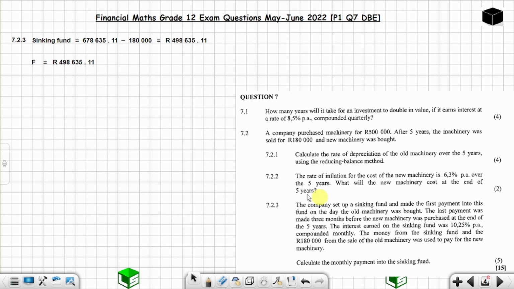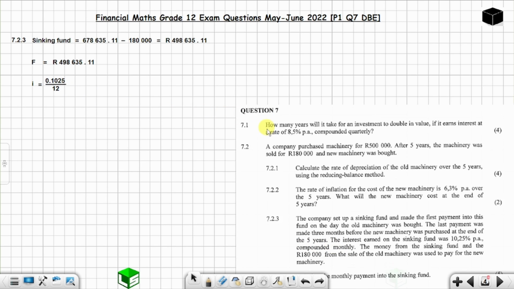So i is equal to 10.25% divided by 100, which is 0.1025, and then divide by 12 because this is compounded monthly.